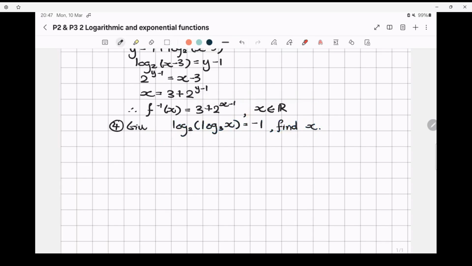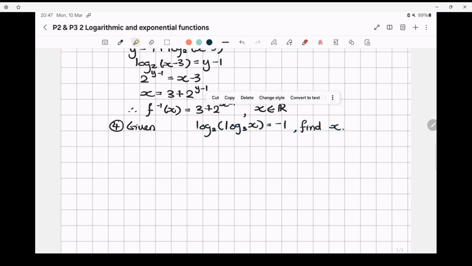Given that log base 2 of log base 3 of x equals minus 1, find x.